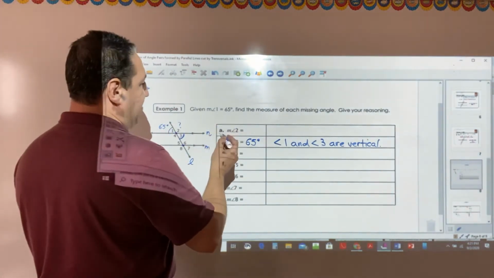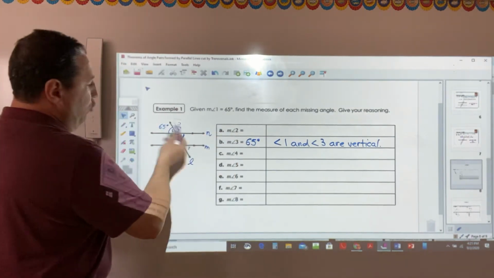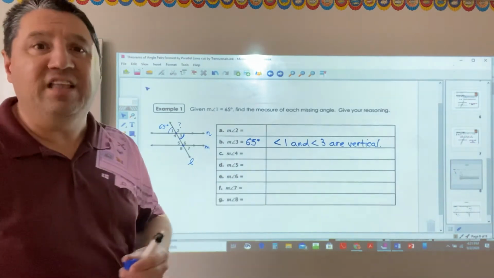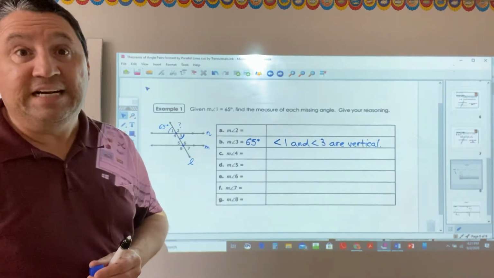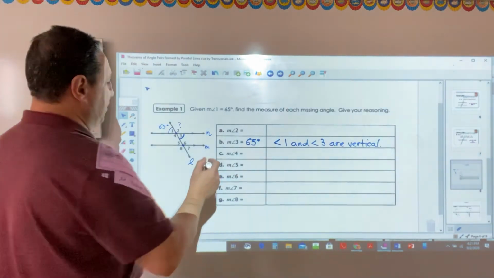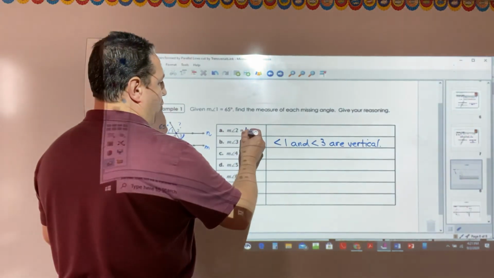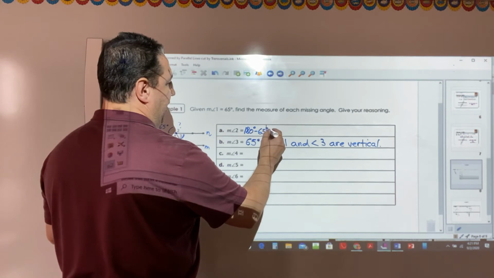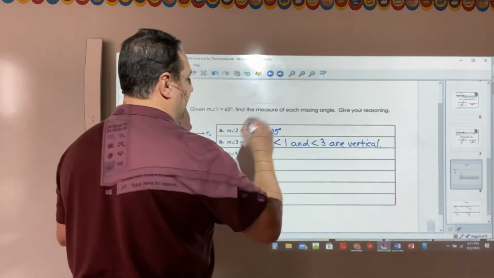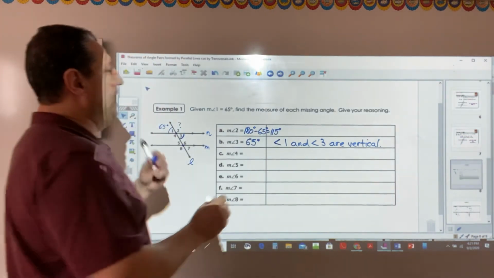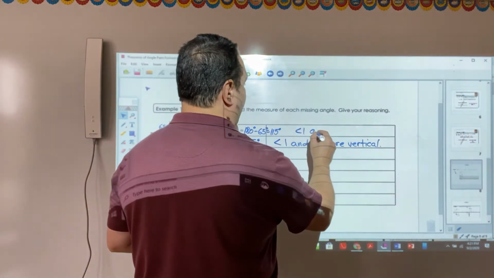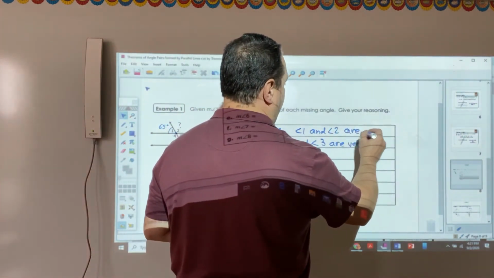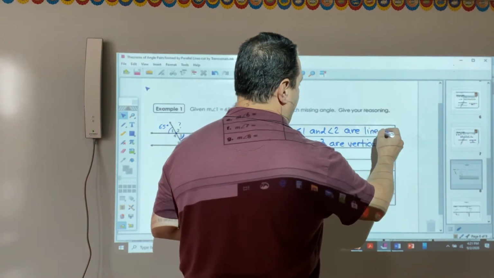We subtract 65 from 180, you find 115. So we can say 180 degrees minus 65 degrees equals 115 degrees. Why? Because angles 1 and 2 are a linear pair.